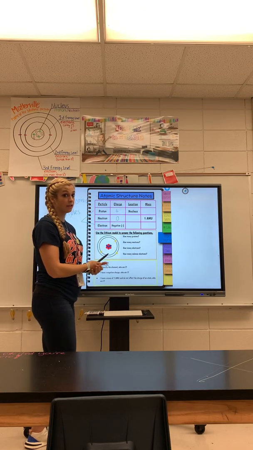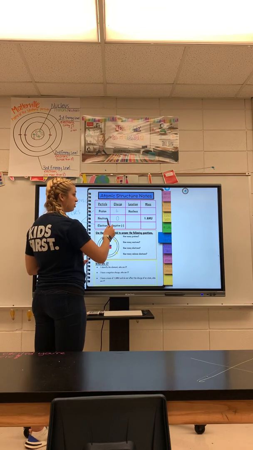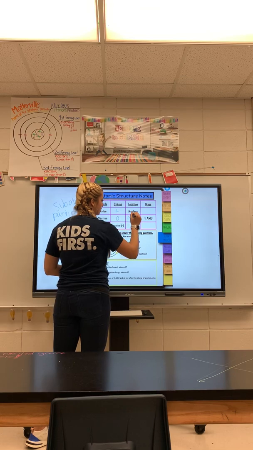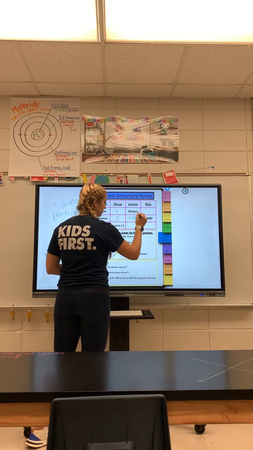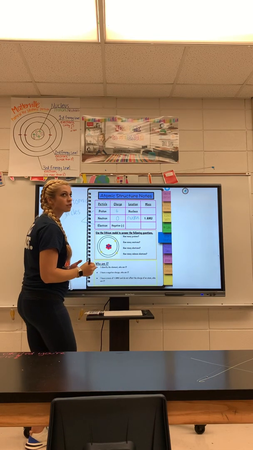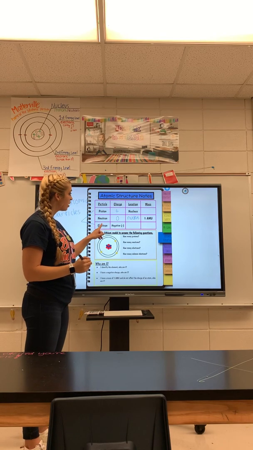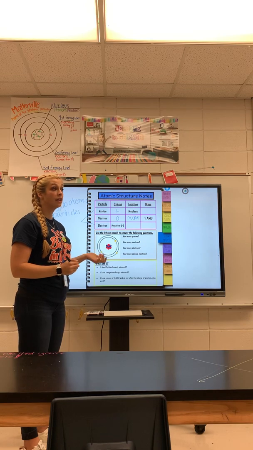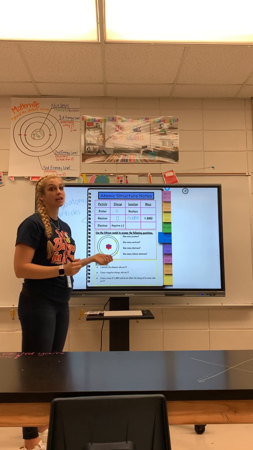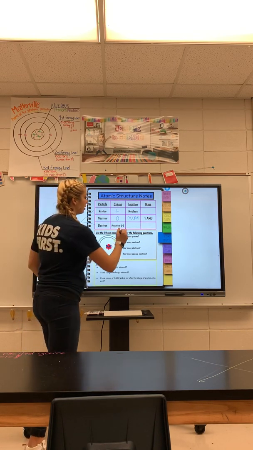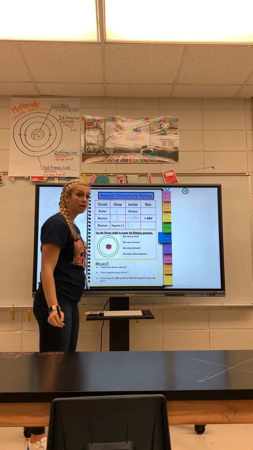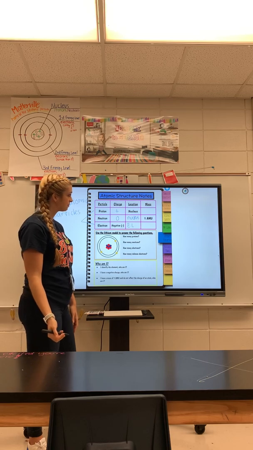Who else is in the nucleus? Neutrons. So neutrons are also in the nucleus. All right, what is the location of electrons? They're in the energy levels or the electron cloud. I'm going to abbreviate. I put EL for energy levels.